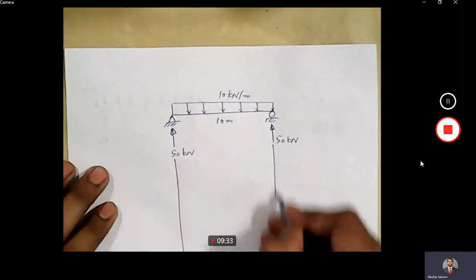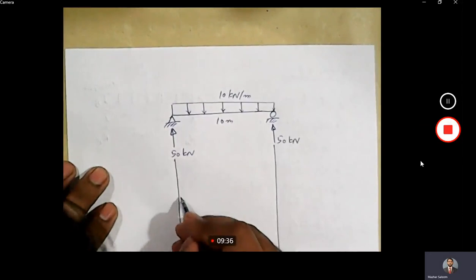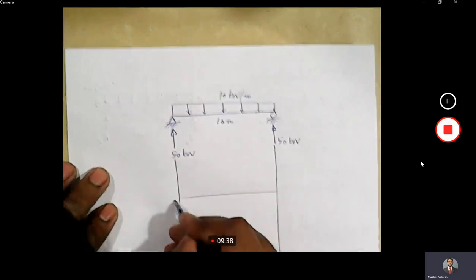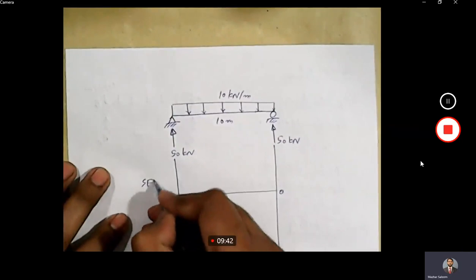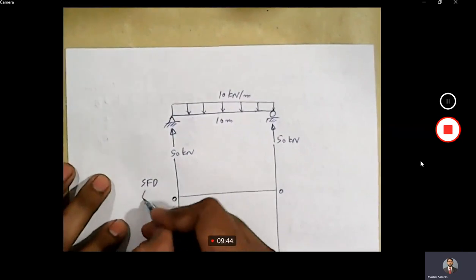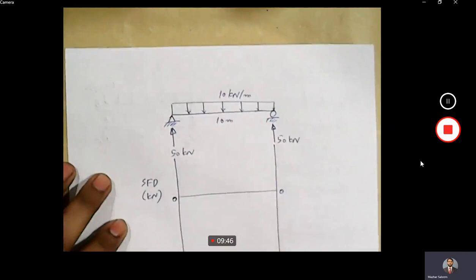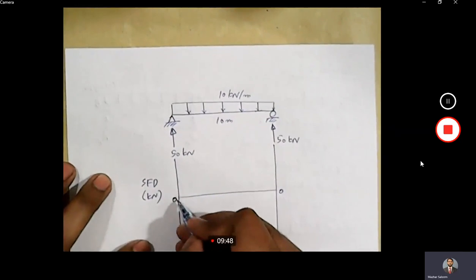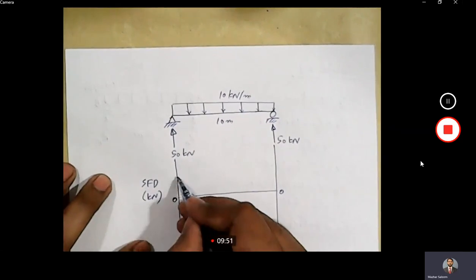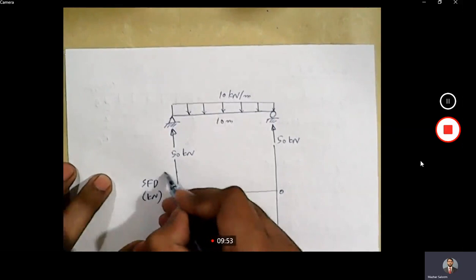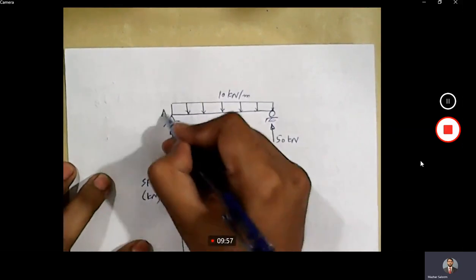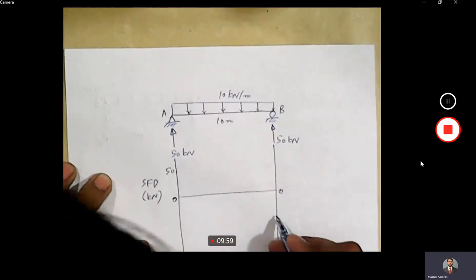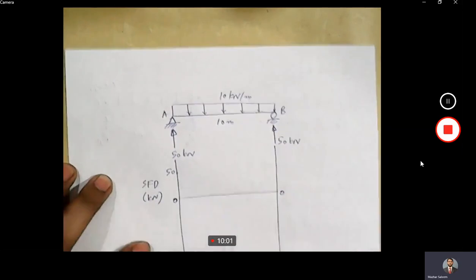These are the guidelines to draw shear force diagram and bending moment diagram. 0 here, 0 here. We are going to draw SFD in terms of kilonewton. Okay, how much is the value of shear at this point that we just calculated? It was 50. How much was the value of shear at point B? This point is A, this point is B. It was again 50 kilonewton, with a negative sign.